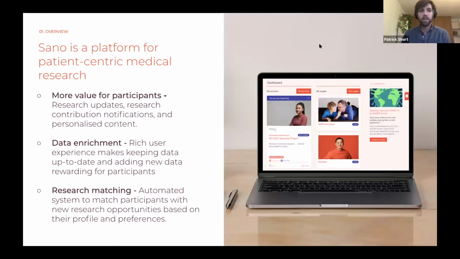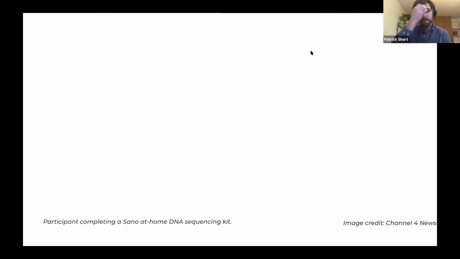What we're aiming to really deliver is a much better research experience for participants. So this includes simple things like updates on the contribution that you're making, notification about new research opportunities, and ways for research participants to get value back from taking part in the process, and really to be in control of your data and understanding what's going on when you take part in a research study.